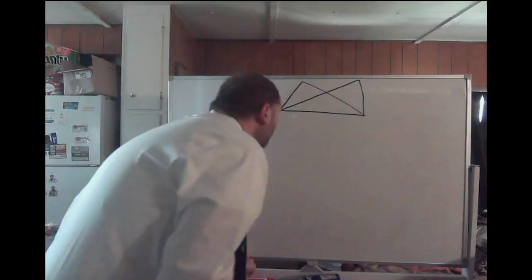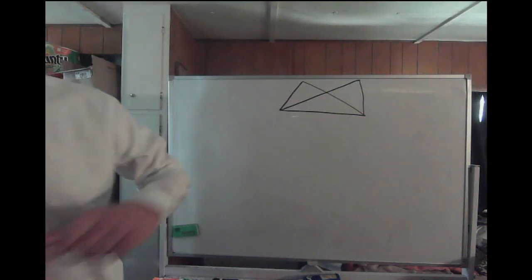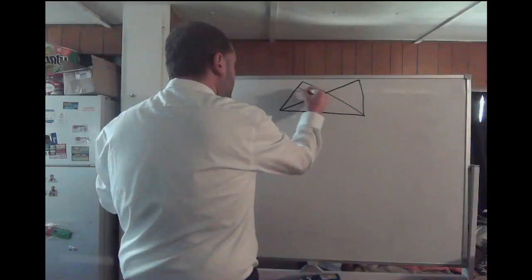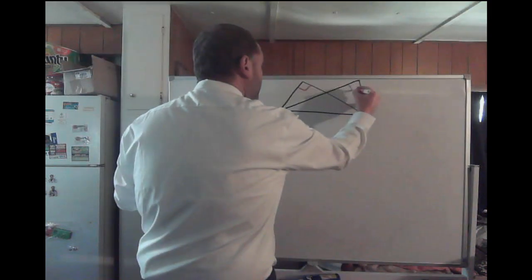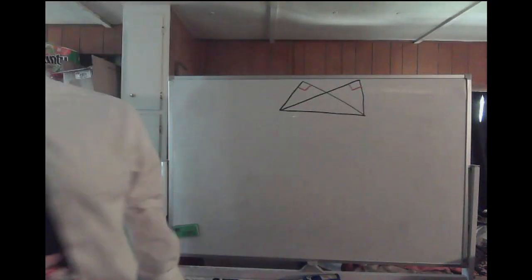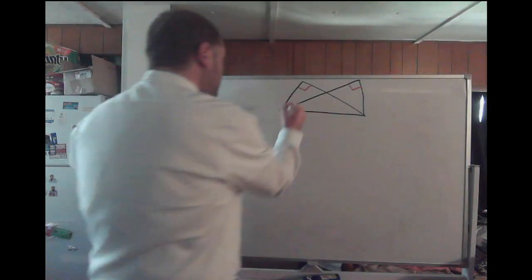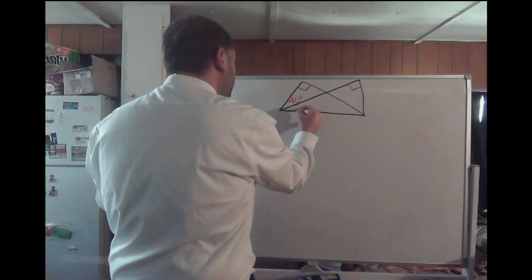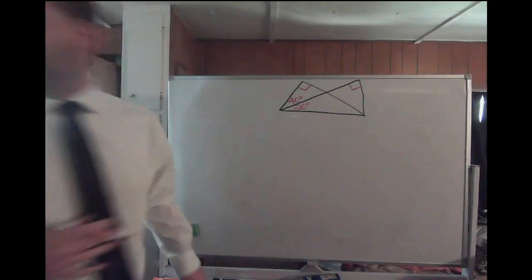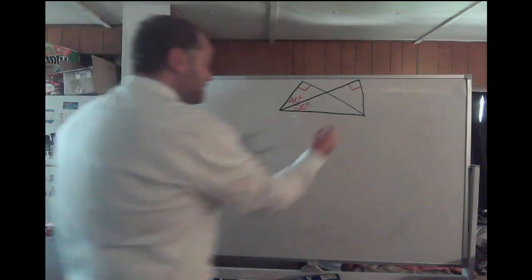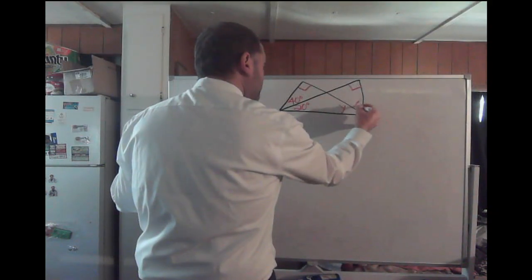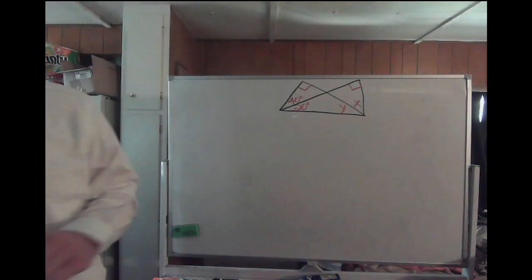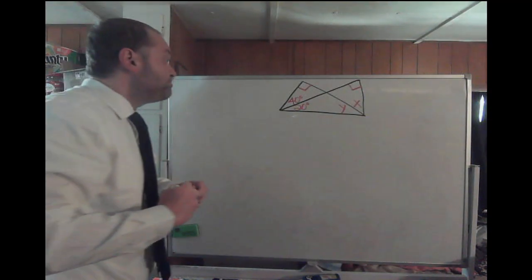Interesting shape there, I know. Here's a right angle, and then here's a right angle. So we got 2 right angles there. This is 40 degrees. This is 20 degrees. Here's y. Here's x. All right.